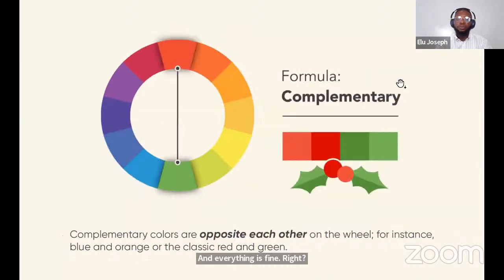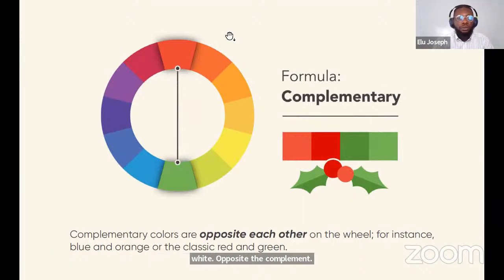Now, complementary is the third one. Complementary simply suggests colors that are on opposite sides that complement each other. Black and white. Opposites, they complement. Right?